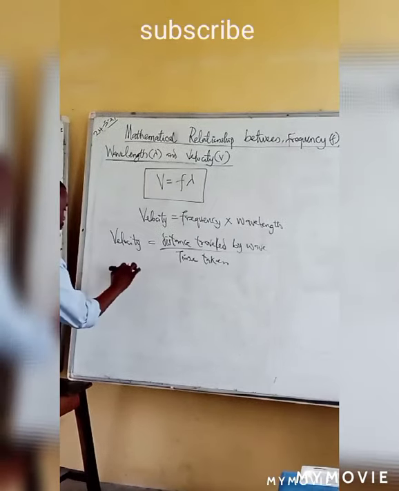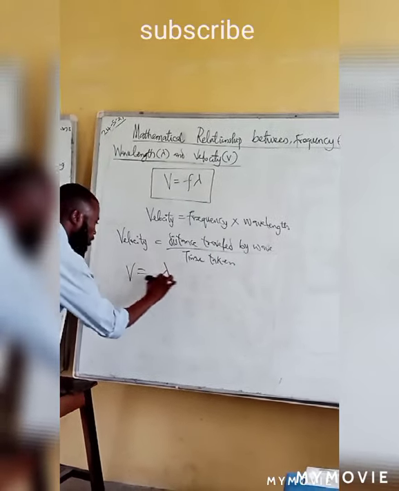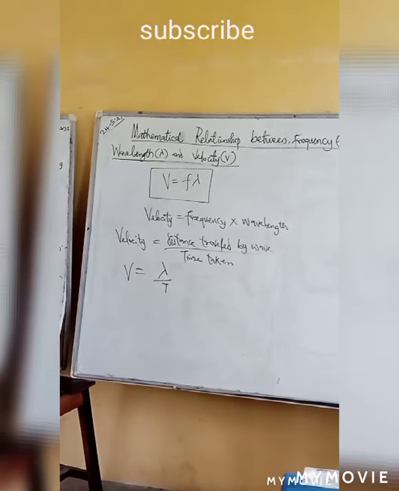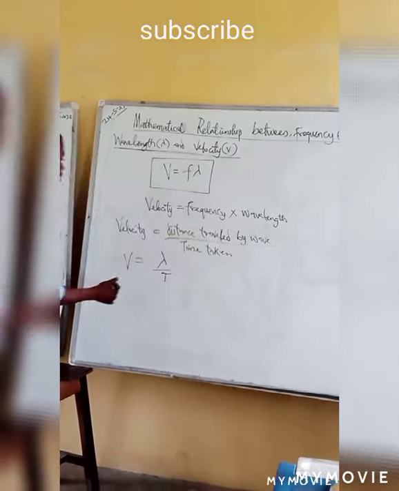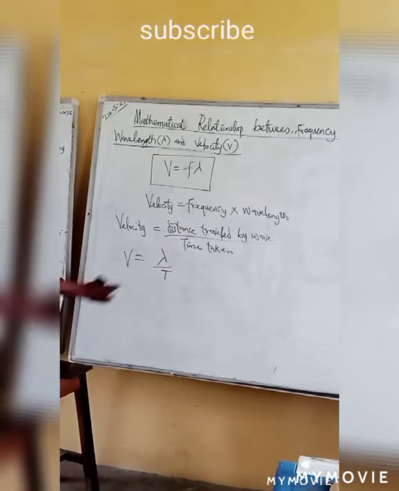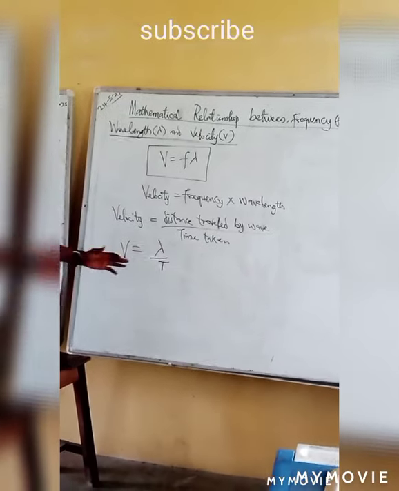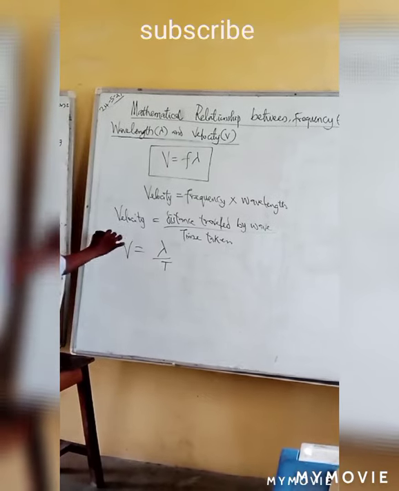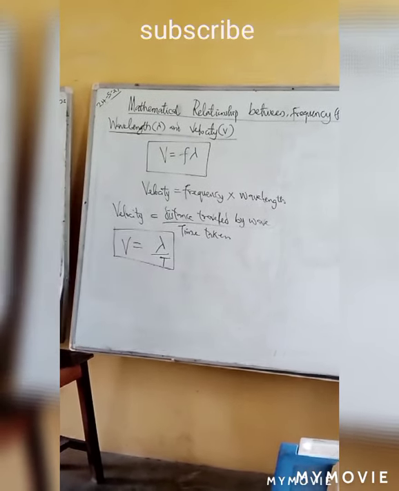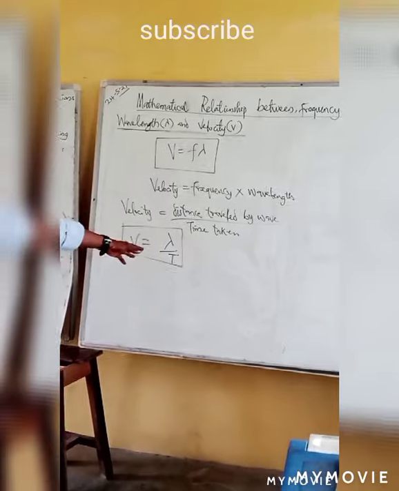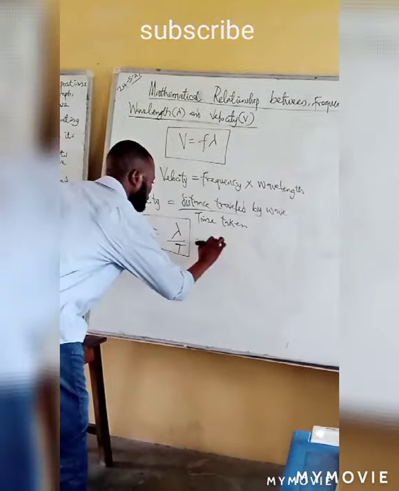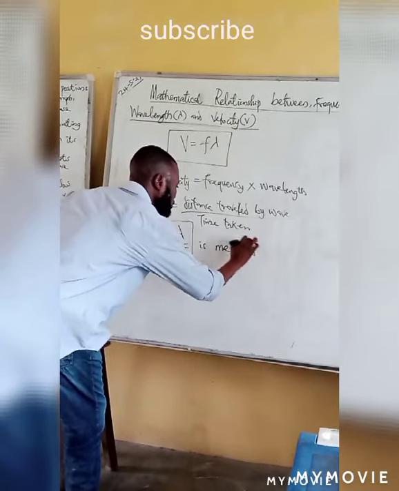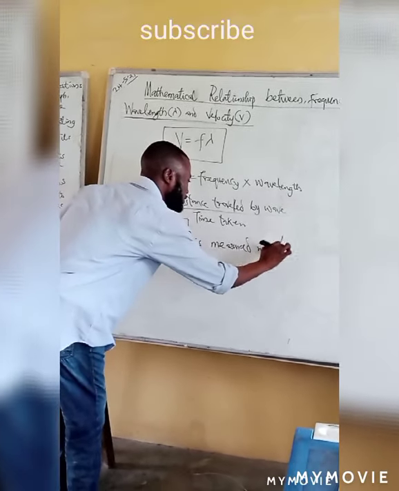Then from there, you can say that V equals wavelength all over T. V is the distance traveled by wave, represented by wavelength, and the time taken is represented by delta T. That's what brought us to V equals wavelength over time, which is measured in meters per second.